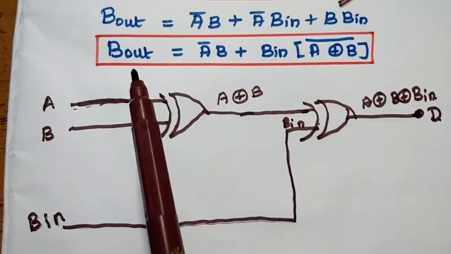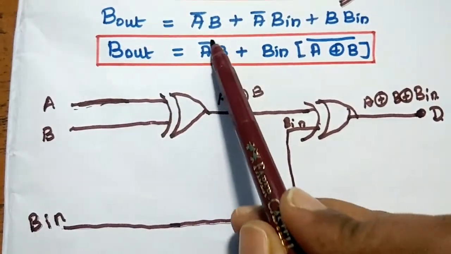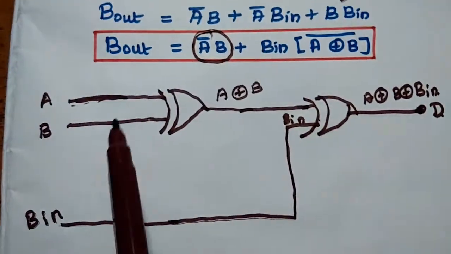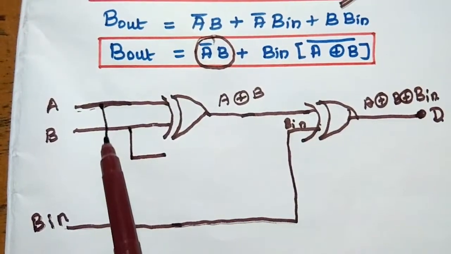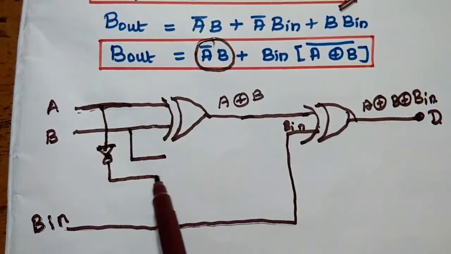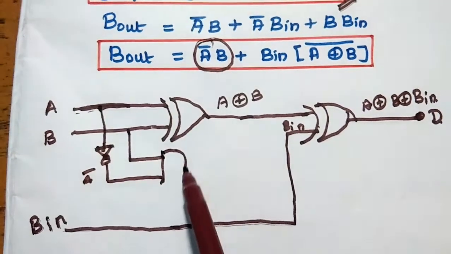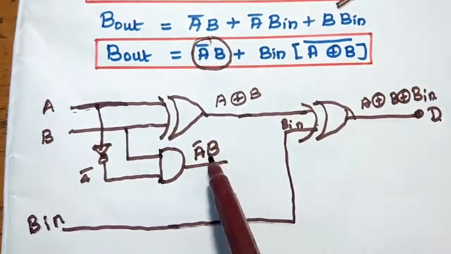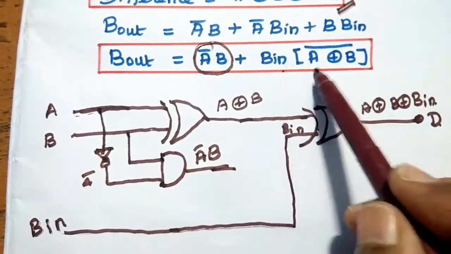Okay. Next we are going to obtain the output borrow. For that we are going to draw the logic gates for this expression A bar B. Here we have B as such, but here it is A bar. So we are going to use one NOT gate to obtain the complement of A. So now it is A bar. We have to give these two inputs to one AND gate to obtain this A bar B. Okay. For the next one, we are going to obtain this product.